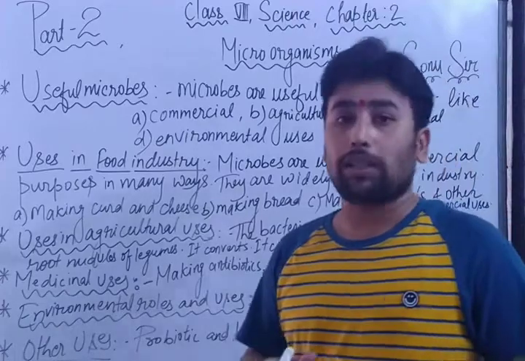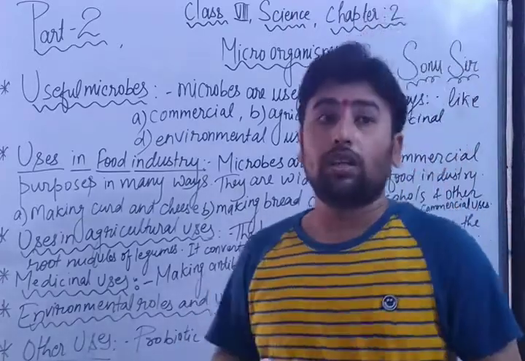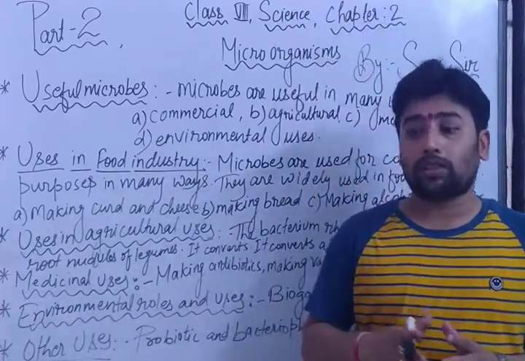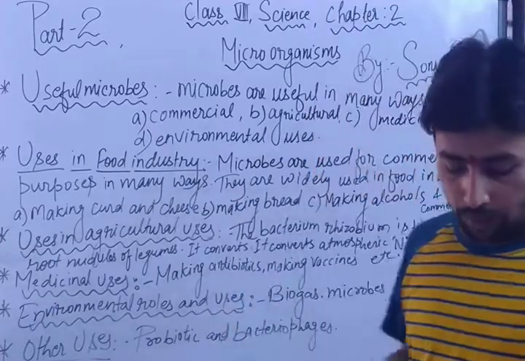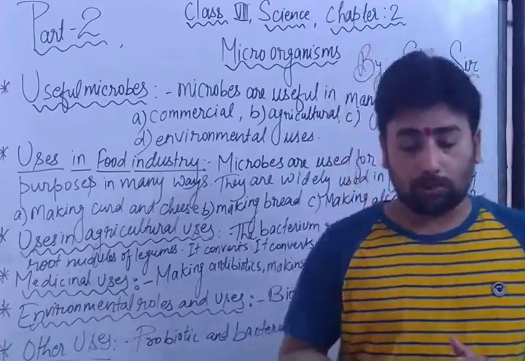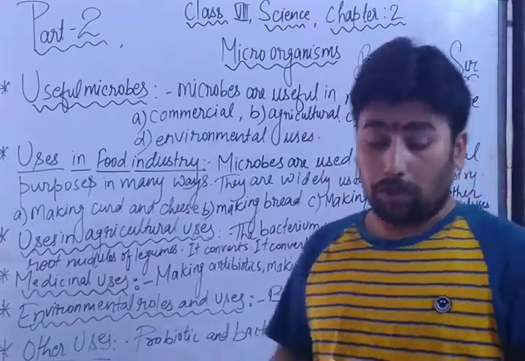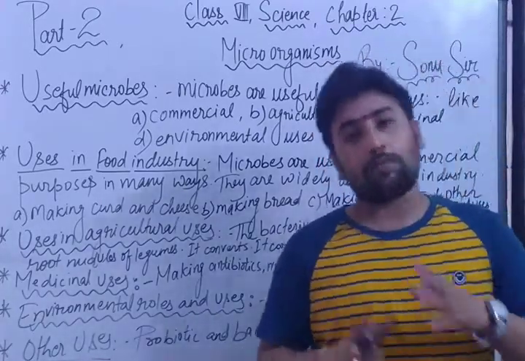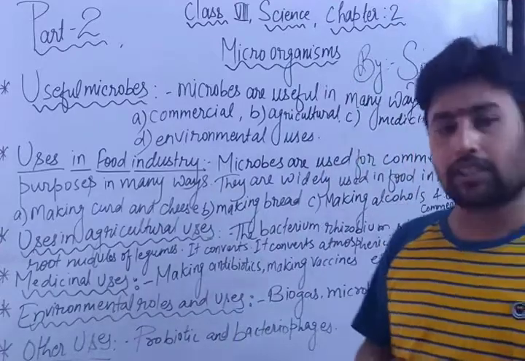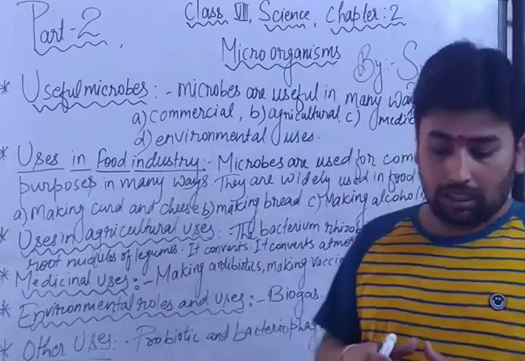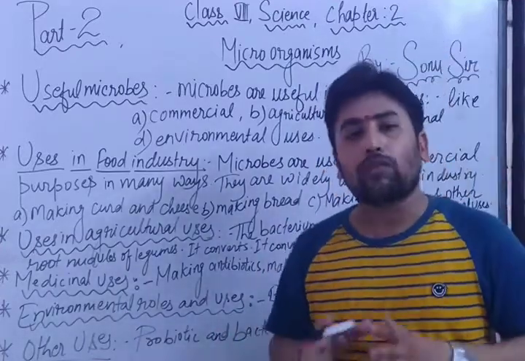For that we have to do pasteurization, as I explained in 7th standard. So first they do the fermentation process. What is fermentation? As you have read in the 7th standard, it is a process by which microbes break down carbohydrates to form acid, alcohol and carbon dioxide.